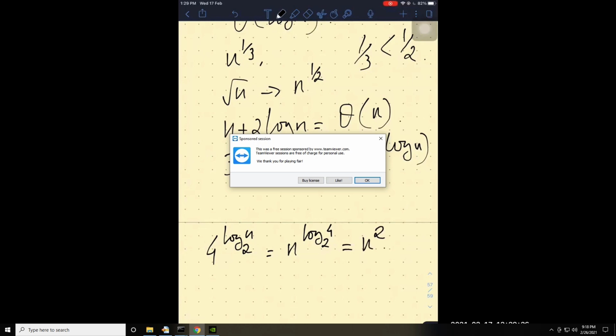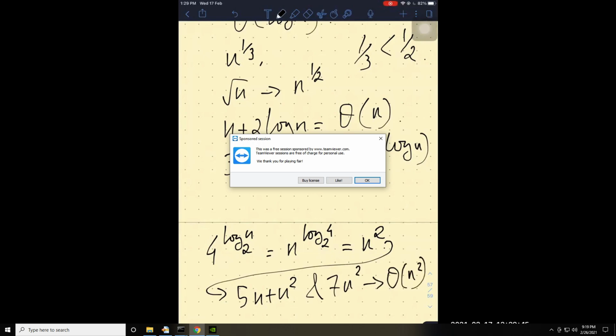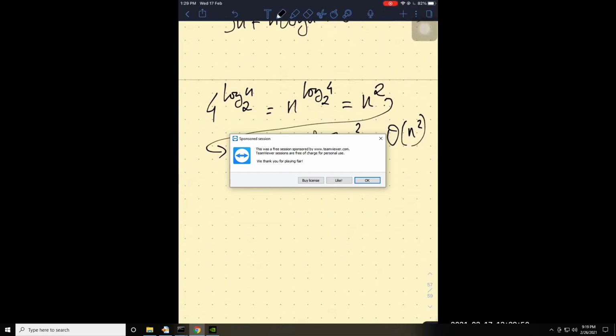Okay. Then we have another function, 5n plus n squared, and also 7n squared. So all of them have runtime of theta n squared. Then n to the power 2.01 will have higher growth rate as 2.01 is greater than 2.